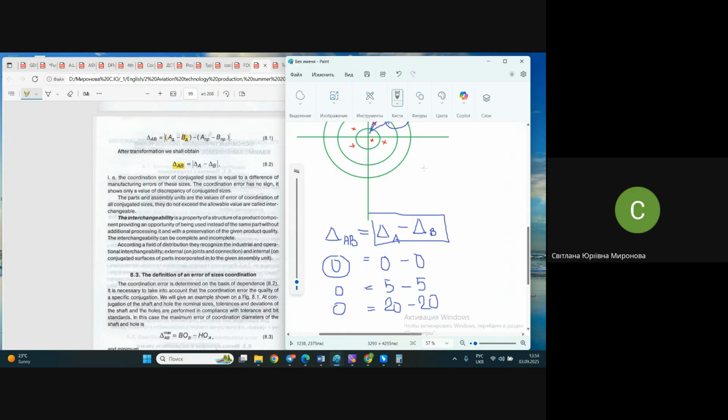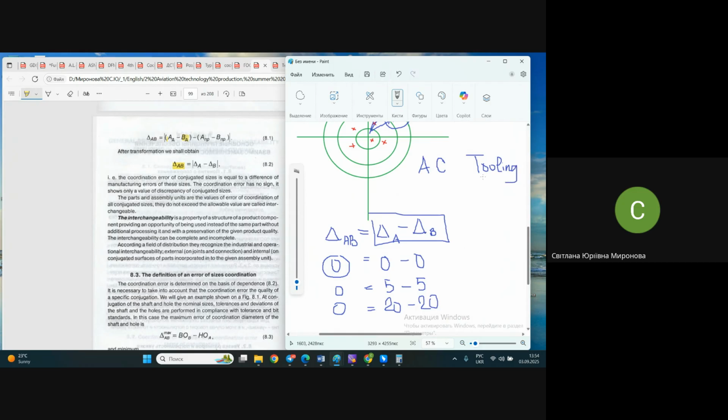In our aircraft manufacturing, objects of coordination are, on one hand, assembly components, and on the other hand, tooling, elements of tooling for manufacturing of parts or for assembling.